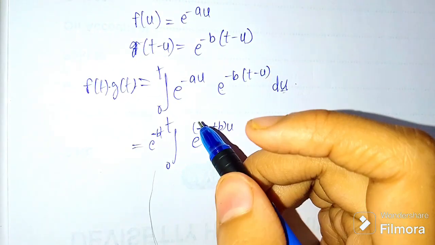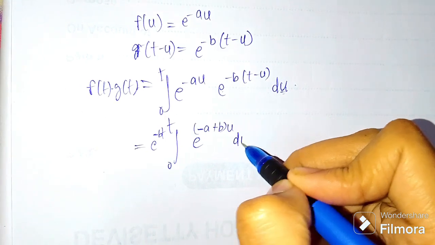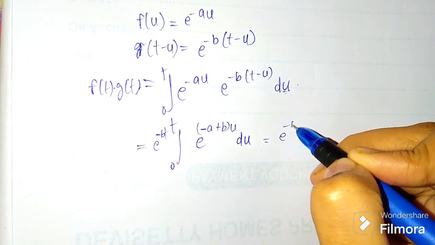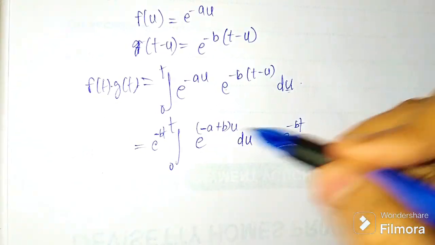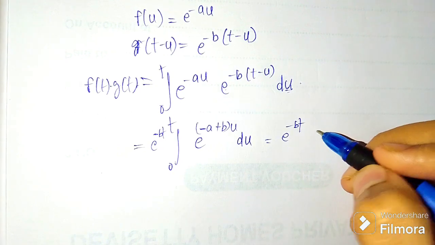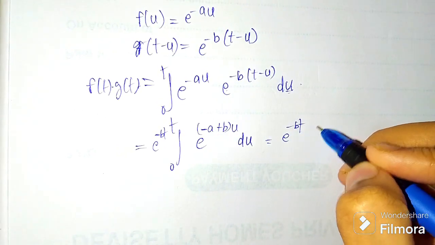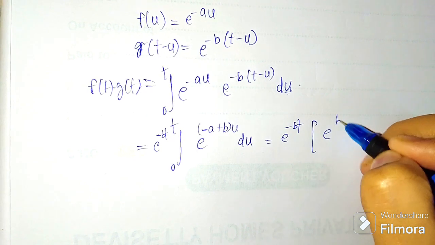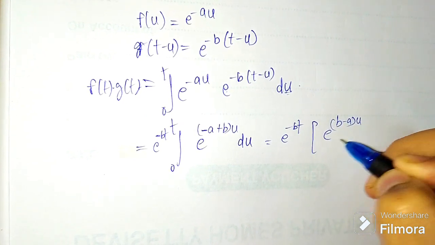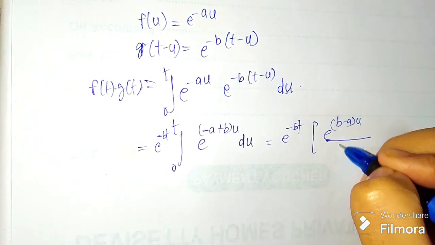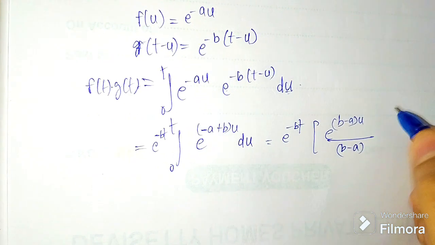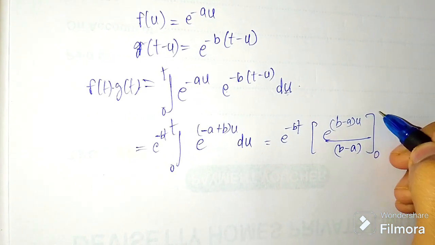So we'll get e power minus bt into, what is the integral of e power x? It is e power x. Here we do the inner integration: e power (b minus a) into u by the constant b minus a. The integral limits are from 0 to t.